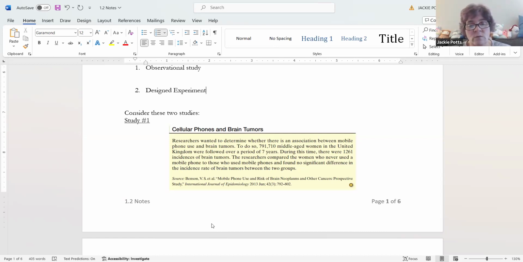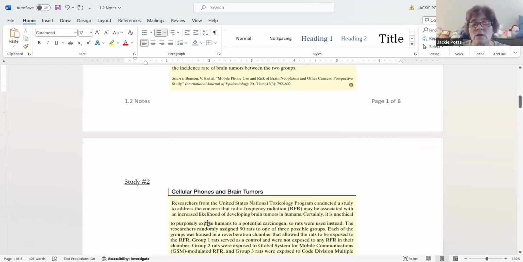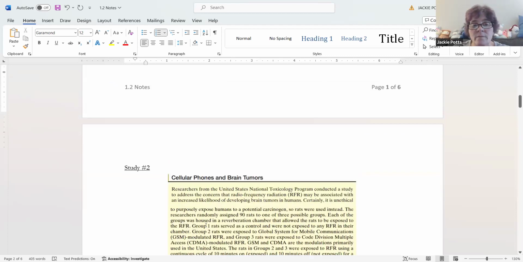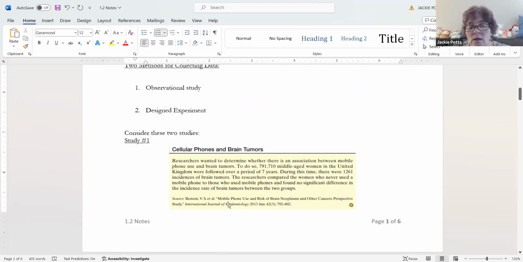The researchers compared the women who never used a mobile phone to those who used the mobile phone and found no significant difference in the incidence rate of brain tumors. Now, I'm going to tell you that is an observational study. All they did was observe and compare.